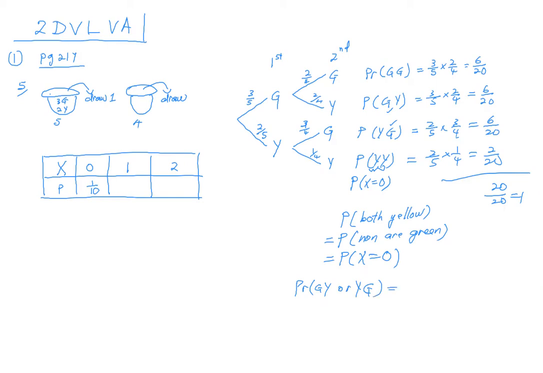Whatever you need to add, you just take out your calculator and add and tell me the answer. 6 out of 10. And both green will be 3 out of 10. So you add up, you also get 1. You get me? Okay.